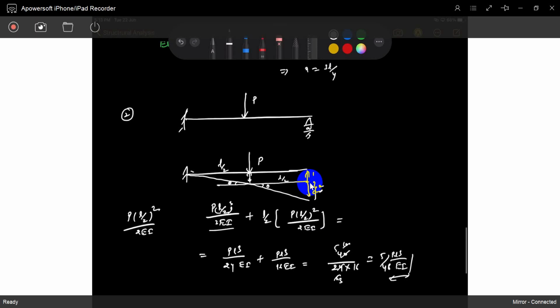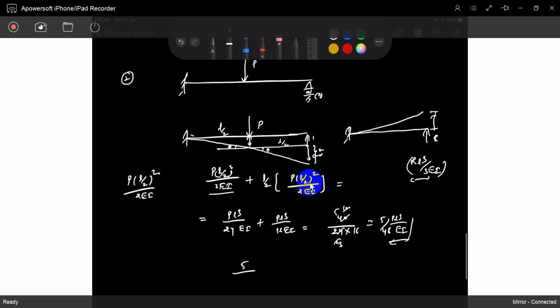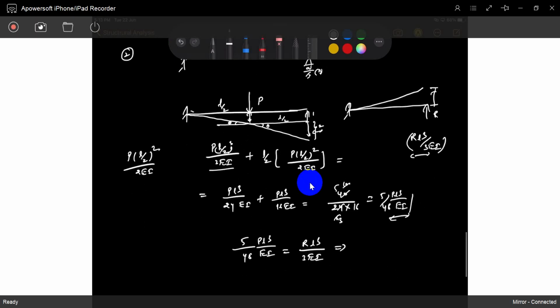Once again, with the same P, some reaction is there. By this reaction we go by legs. We already know RL cube by 3EI. By the emergence of the reaction, the deflection at point B is 0. Based on that, we equate those deflections: 5PL cube by 48EI is equal to RL cube by 3EI. So what is the value of R?